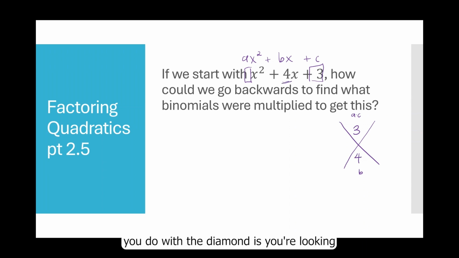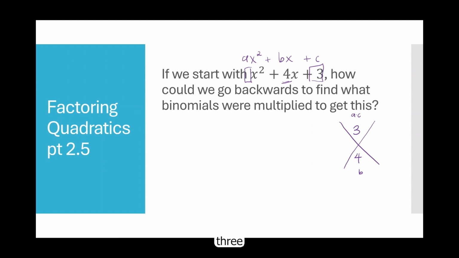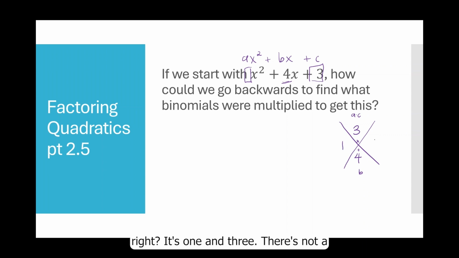And now what you do with the diamond is you're looking for two numbers that multiply to 3 but add up to 4. And with this one, it's relatively easy, right? It's 1 and 3. There's not a lot of other options.